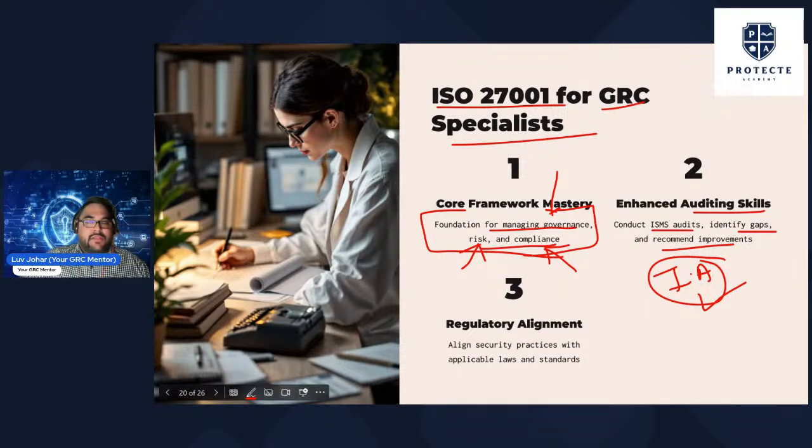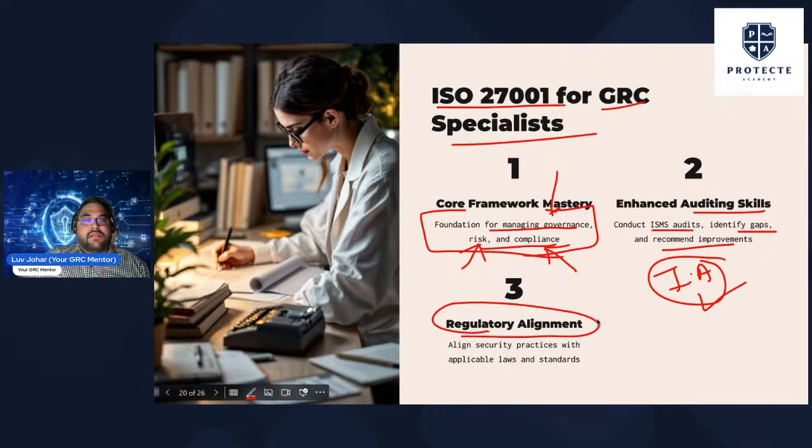Okay, so make internal audit a dynamic document, and make sure that you keep on updating the findings, as part of a recursive process. You can do it quarterly, you can do it biannually, but do it periodically. Don't do it once a year and just forget that. That's not a good practice. And thirdly, regulatory alignment.